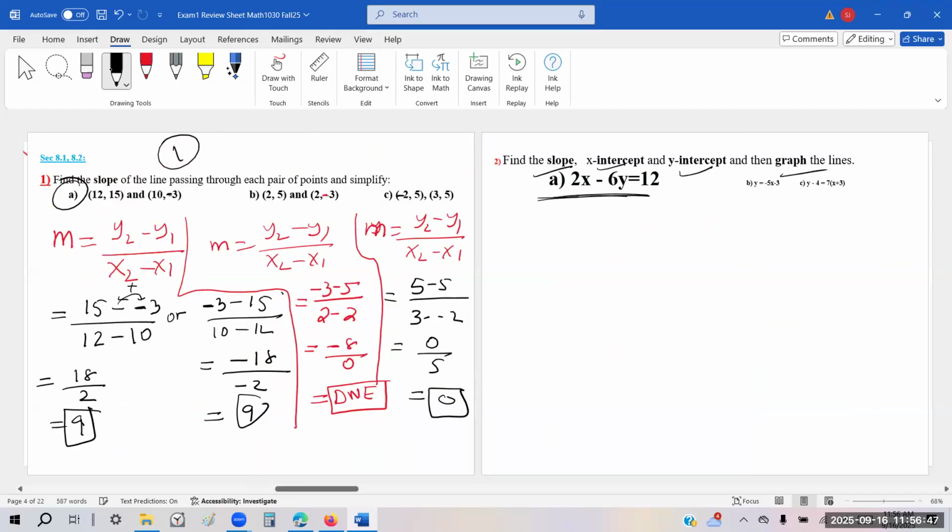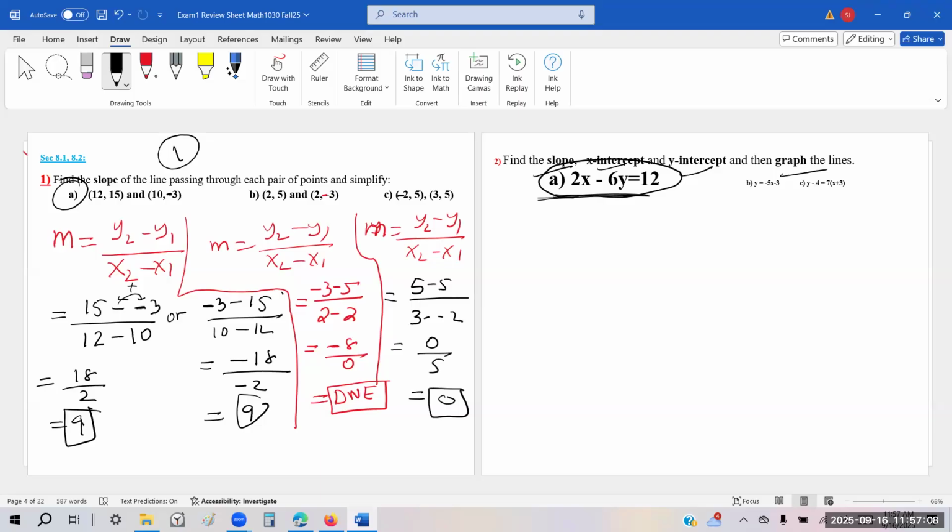Okay, find the slope. The next one says from standard form, find slope, x, y, and graph. So let's start with finding slope. There are two methods. Either you remember the formula for slope, or you just solve for slope.